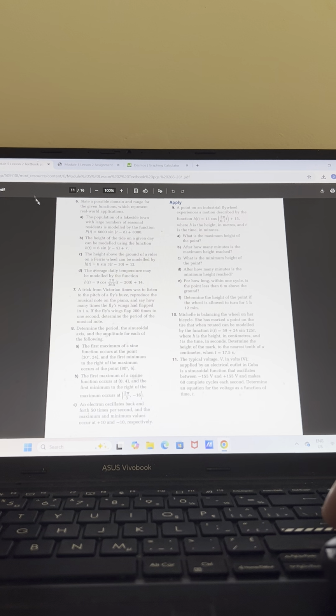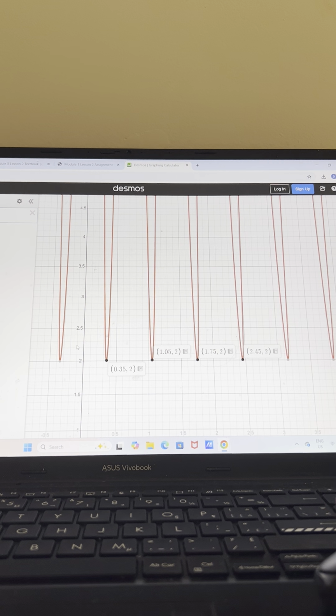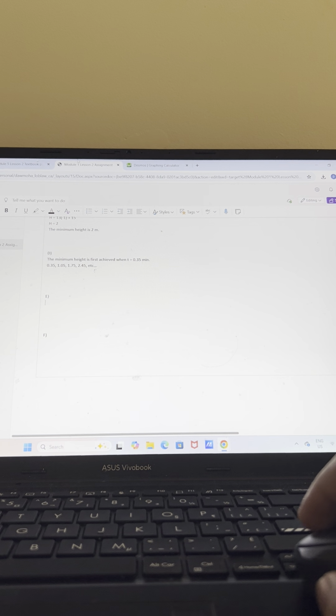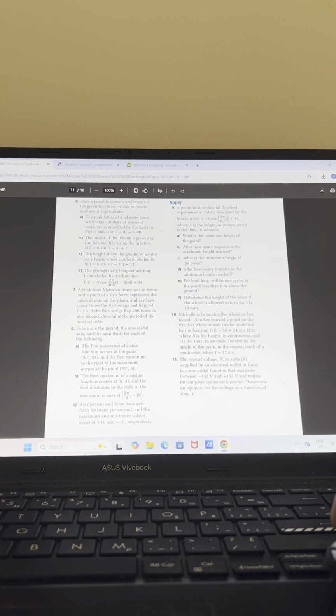Okay, moving on to E. For how long within one cycle is the point less than 6 meters above the ground? Let's go to our first one right here, and we have to calculate from this point to this point in terms of time.